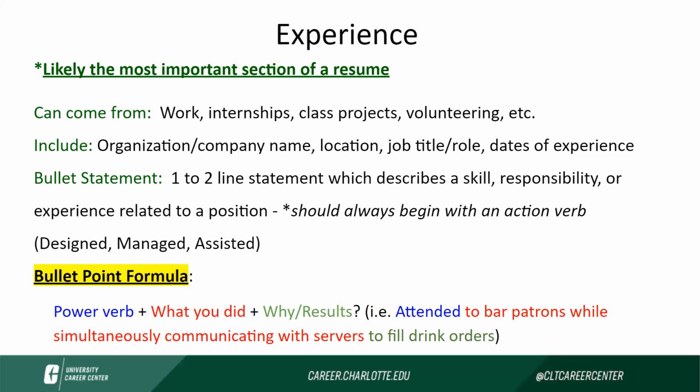An example of this bullet point formula in action would be: attended to bar patrons while simultaneously communicating with servers to fill drink orders. In this instance, you can see that attended is the power verb. The phrase to bar patrons while simultaneously communicating with servers is what this person did, and the result, or the why, was to fill drink orders.